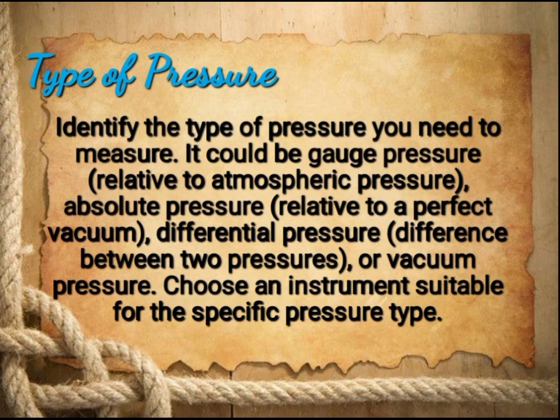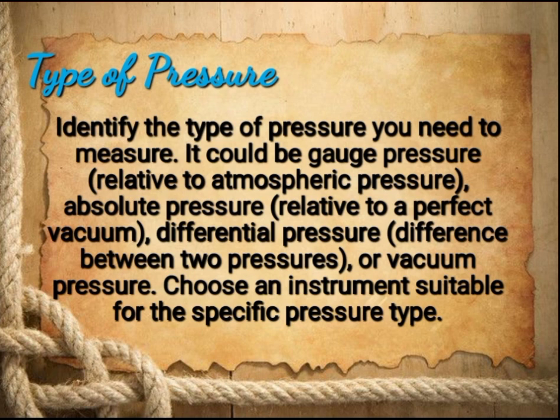It could be gauge pressure relative to atmospheric pressure, absolute pressure relative to perfect vacuum, differential pressure, the difference between two pressures, or vacuum pressure. Choose an instrument suitable for the specific pressure type.